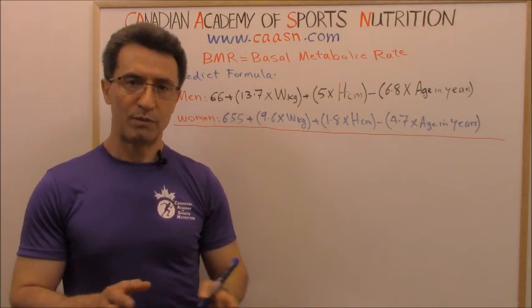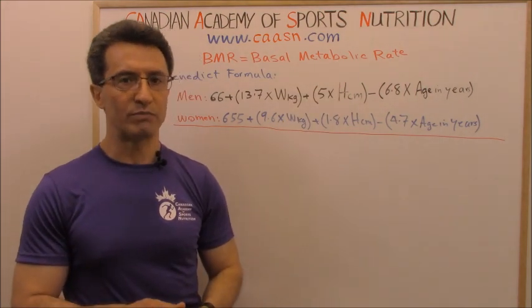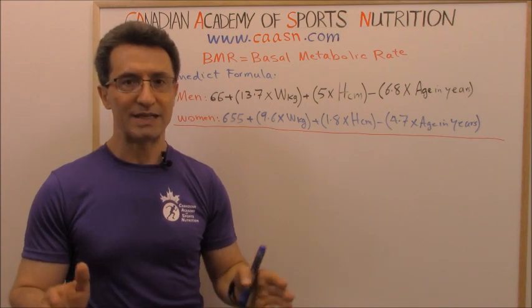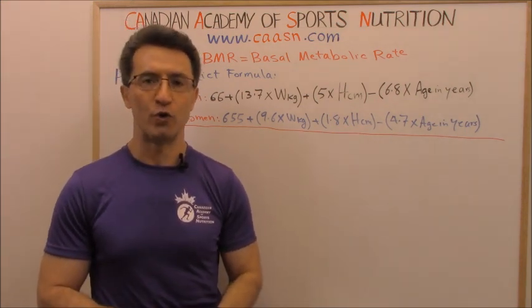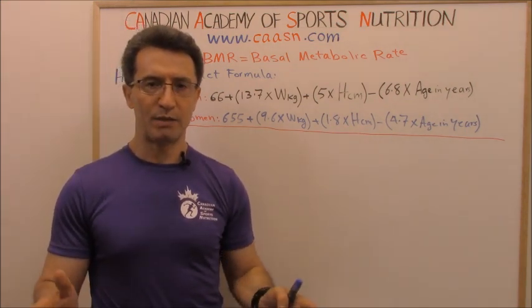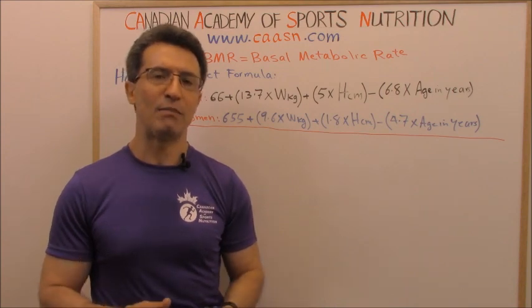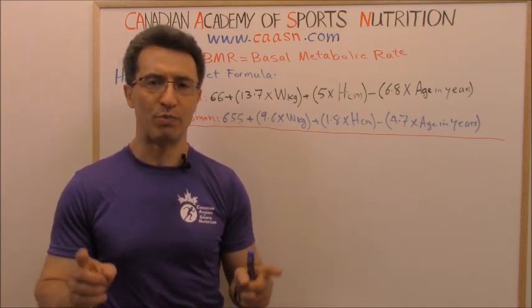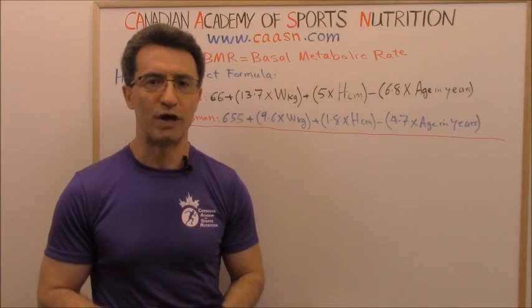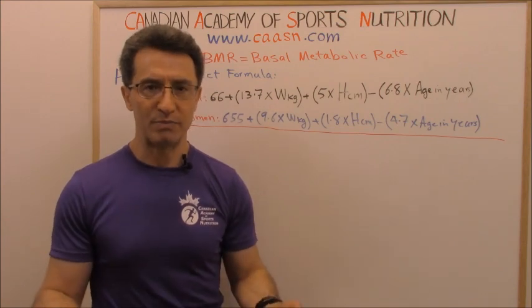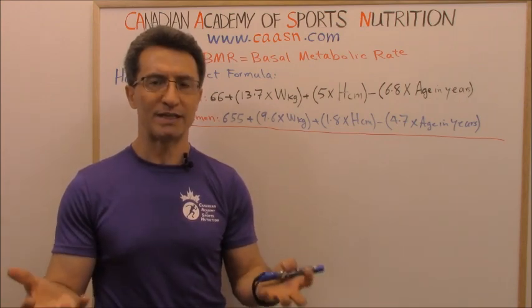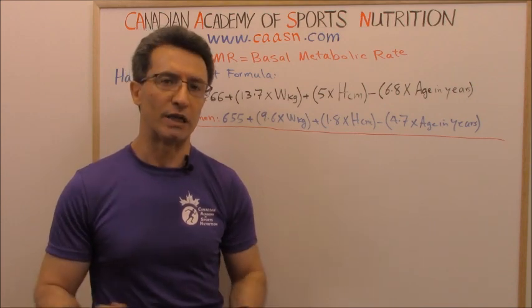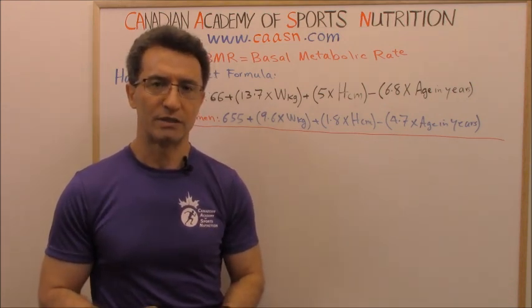So basal metabolic rate and resting metabolic rate are definitely the same. And here is a definition for BMR. Basal metabolic rate is the minimum amount of calories that your body needs at rest to function normally. Basically, the minimum calories you're going to need at rest to function normally, we call basal metabolic rate.